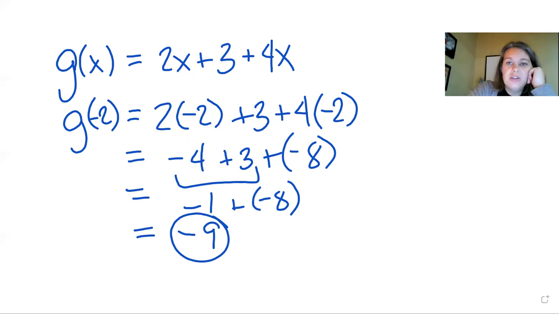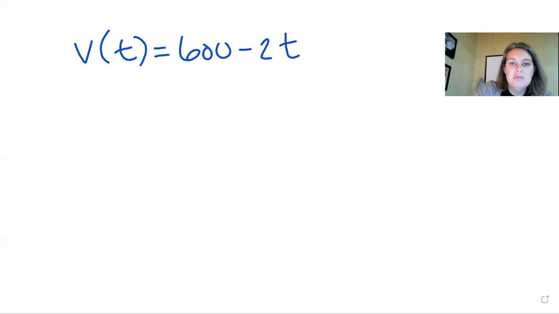And it doesn't matter, actually, if it's not an x. What if it's V of t equals 600 minus 2t? By the way, I knew I was using t because I had a t right there. That t tells me what variable I'm going to have following. If I had an x after the equal sign, we would know something's weird, because it was v of t, so I should always have a t then.